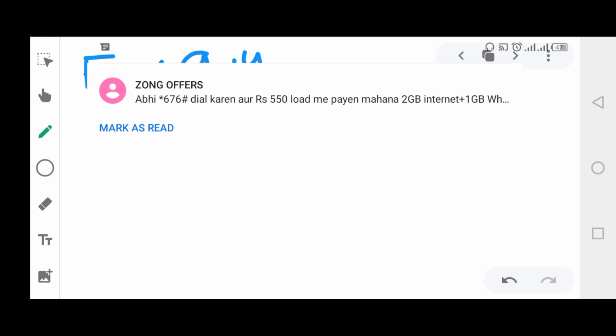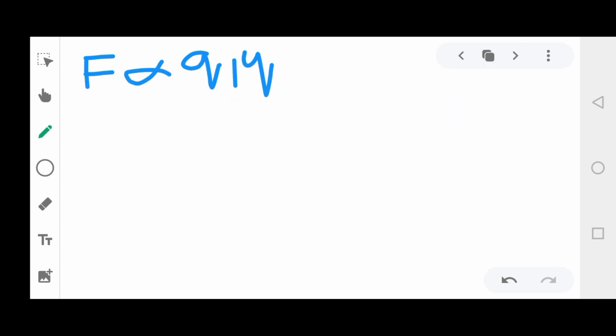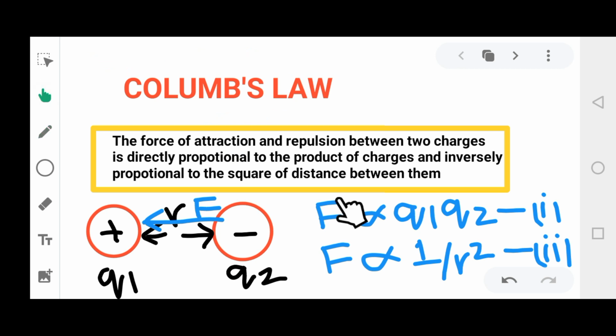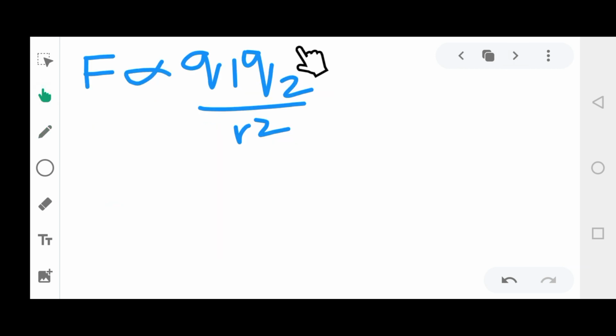After combining, the force is directly proportional to the product of charges and inversely proportional to the square of distance between them. We have combined these two equations and we get this third equation, my equation number 3.